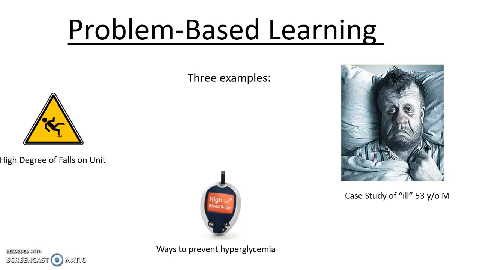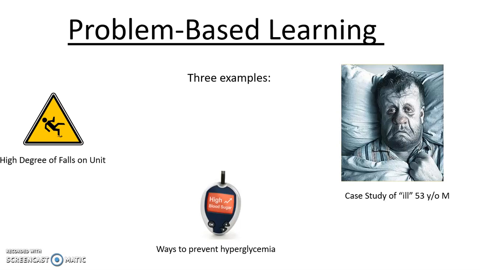And then you could present them with a problem, so to speak: how can you help control your hyperglycemia? And then some of that is education and information gathering from the patient on high protein foods, high fiber foods, and the importance of drinking plenty of water.